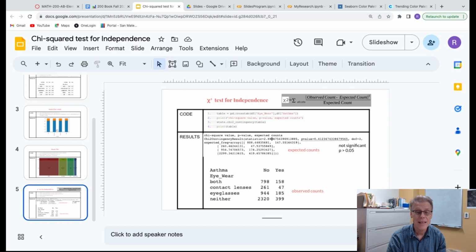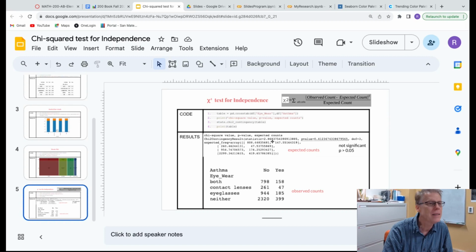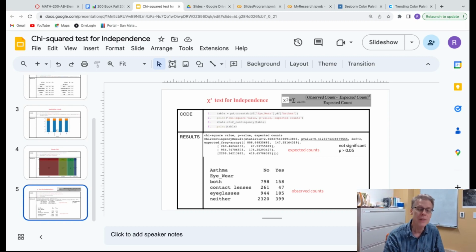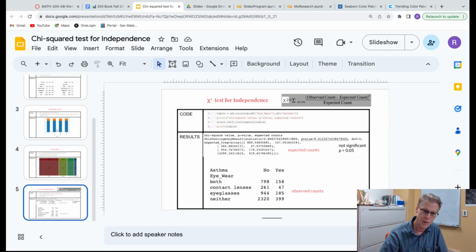Okay, so this statistic, that's the chi-squared statistic. We had a z-score, we had a t-score, we had an F statistic, now we have a chi-square statistic. And this is so small that it easily could have happened just by chance, even with the assumption that in the population, those proportions of people with asthma in each of these categories are identically equal. That's what we're assuming.